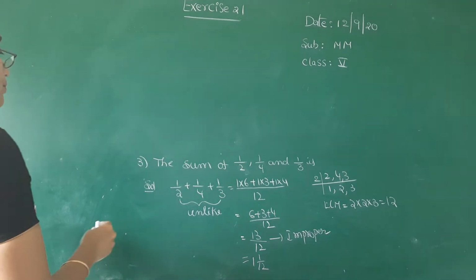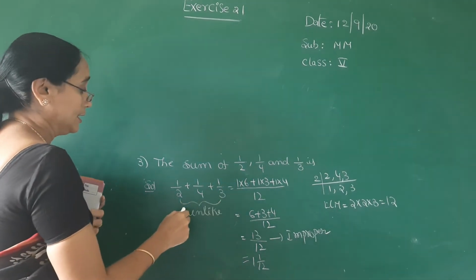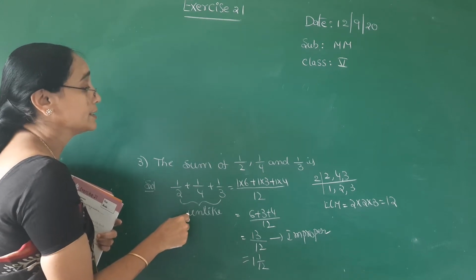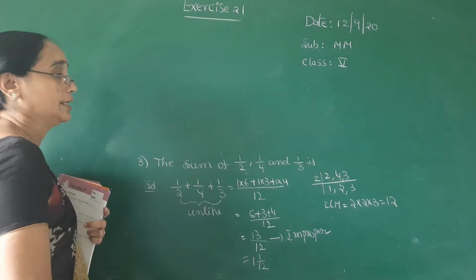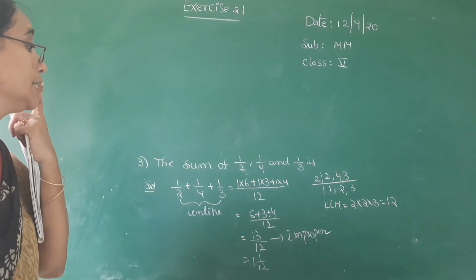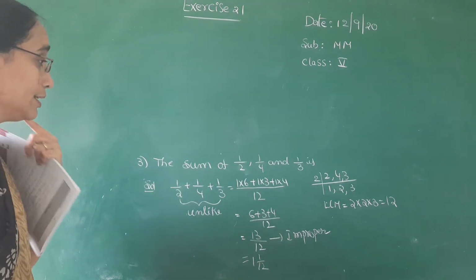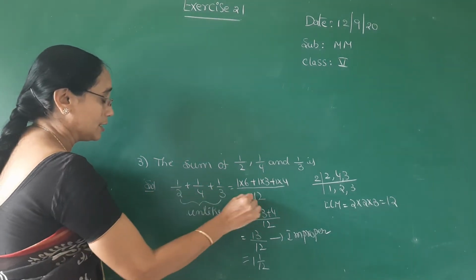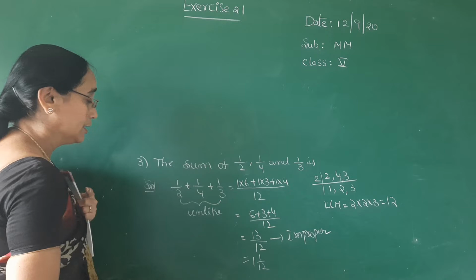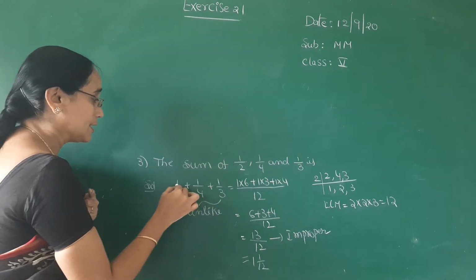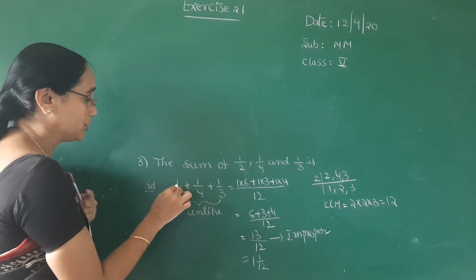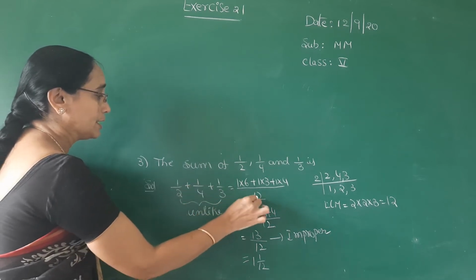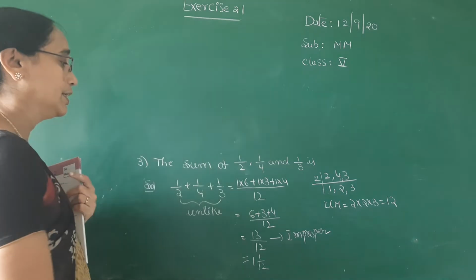Once again I will explain. Here they have given unlike fractions. In the case of unlike fractions, we proceed by taking the LCM of the denominators. You get here LCM as 12 and you write that LCM as the denominator, and you have to check with each denominator how many times it will go into that 12. 2 goes 6 times, and take that 6 and multiply with the numerator. 4 will go in 3 times, 1 into 3. 3 will go in 4 times, that is 1 into 4.